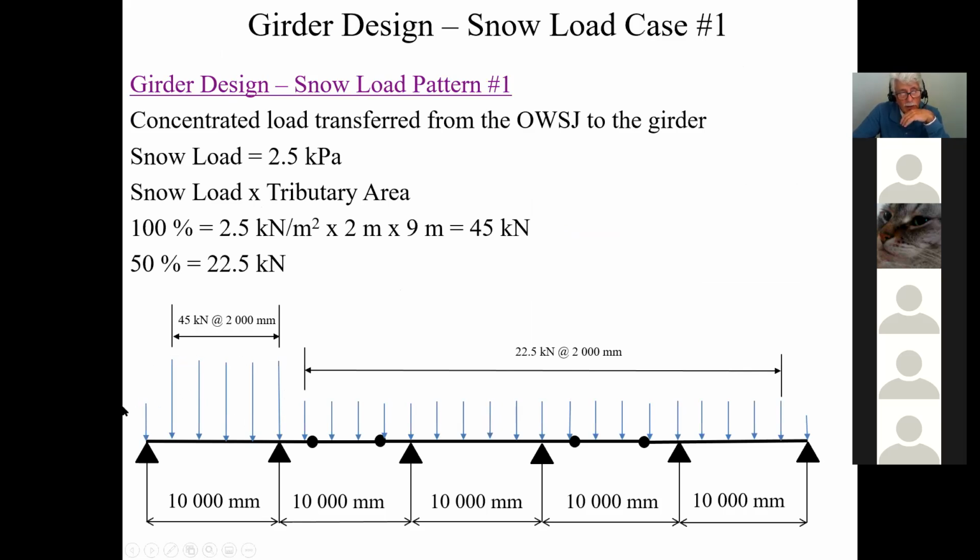Of course, here there's only half the tributary width, so that goes down. And all the rest, we're only going to be putting 50%, and therefore we'll only be putting 22.5 kilonewtons on all the rest of the members. And then, of course, here it's even less because it's got half the tributary width. So these are the loads that you're going to be placing on your members for snow case number 1.